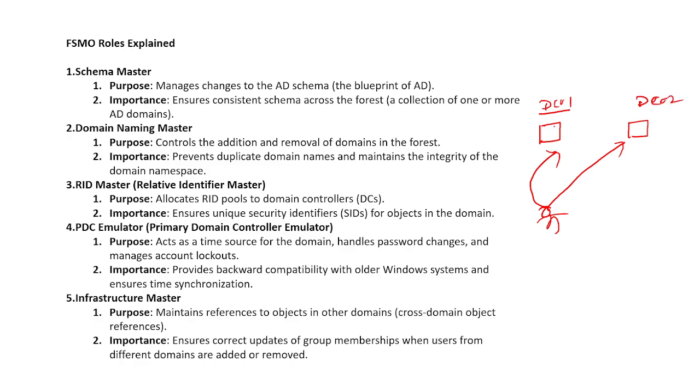Whatever password you have changed on DC01, if it is not replicated here, the user will get an invalid password, because the new password is there with DC01 and it is not yet replicated to DC02, because your PDC is not available. So even though you are entering the new password, the authentication goes to DC02, and DC02 is not aware of the new password, because it still has the old password only.